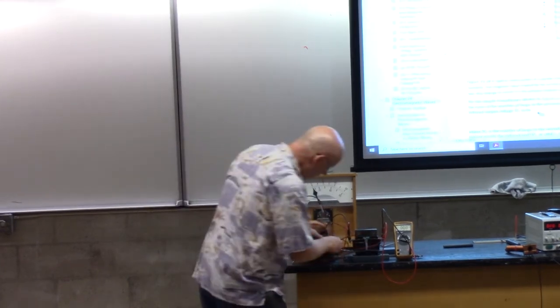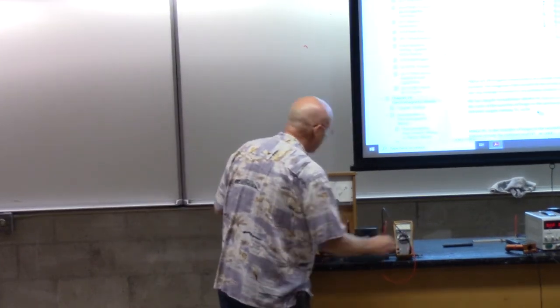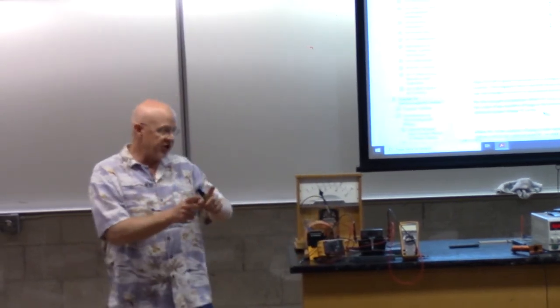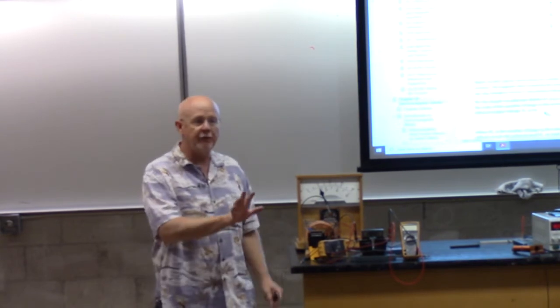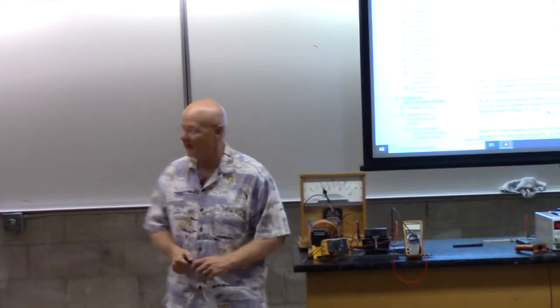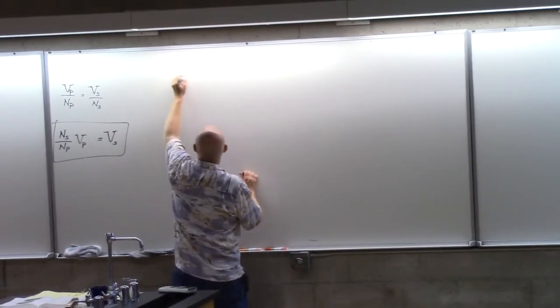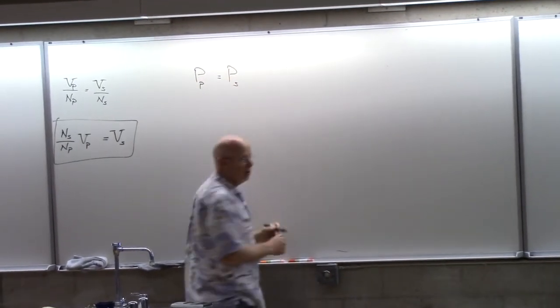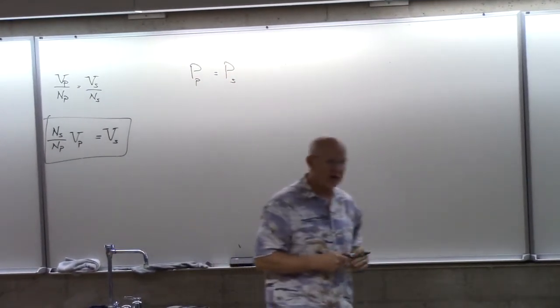Now, in case you're wondering, even though we're stepping the voltage up, there's not a free lunch here in the sense that you get more energy out of it. I will say that the power coming in from the primary still equals what is being delivered on the other side.